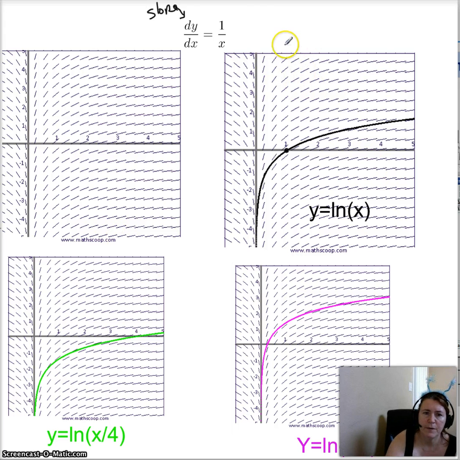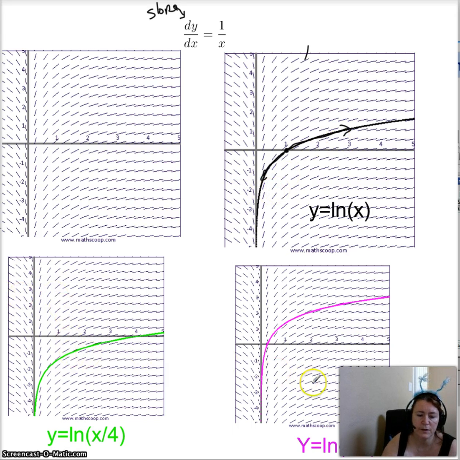It turns out the slope field for dy dx equals 1 over x is a solution set for y equals natural log of x. So let's look at y equals natural log of x. At x equals 1, log of 1 is 0, and it starts at 1 and then it curves up. Remember, it's concave down, and then it goes on up toward infinity.